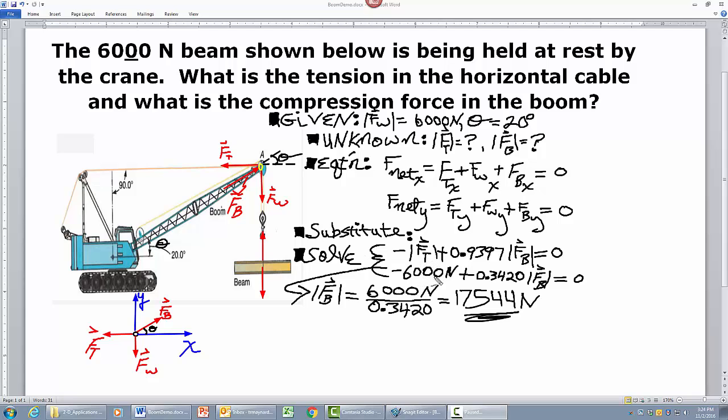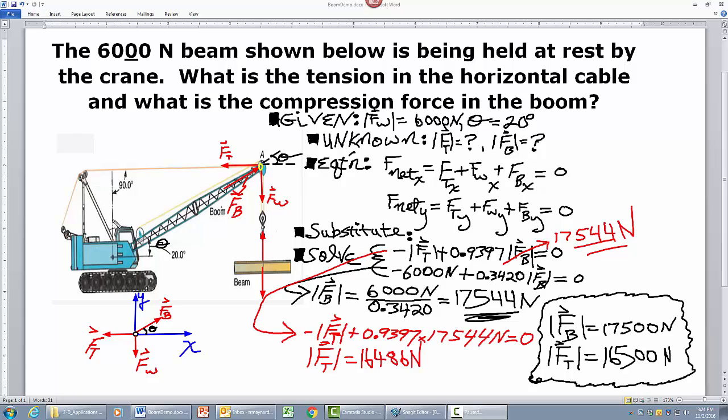Algebraically rearranging the second equation, we get that the magnitude of the boom force vector is 6,000 newtons divided by 0.3420. That gives us 17,544 newtons.